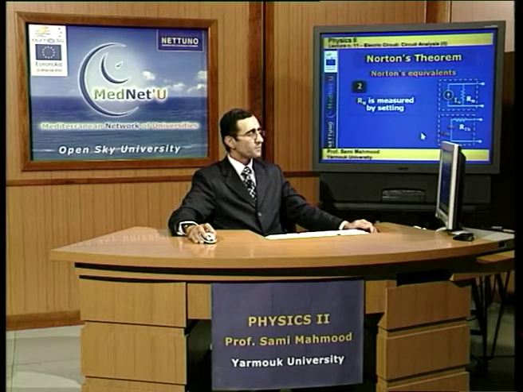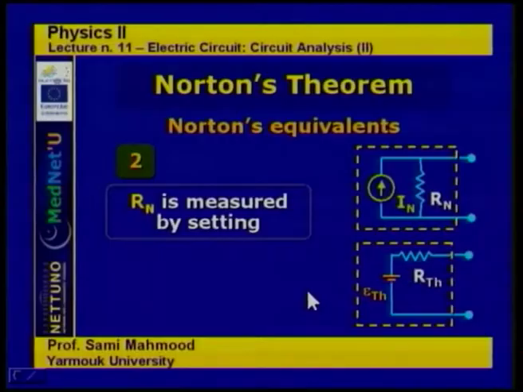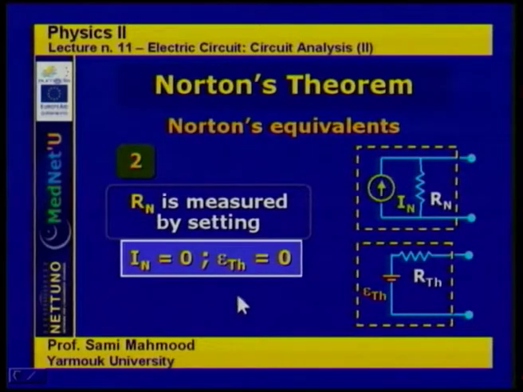And now, secondly, we are after the second equivalent, which is the resistance, R sub n. R sub n is measured, of course, in both cases, if we set the sources equal to 0. In Norton's equivalent circuit, we set the current generator, In, equal to 0.